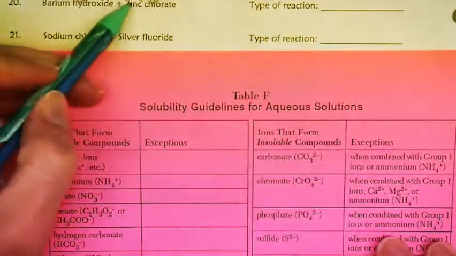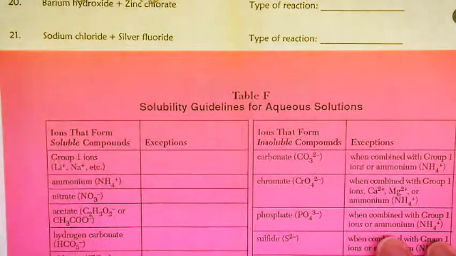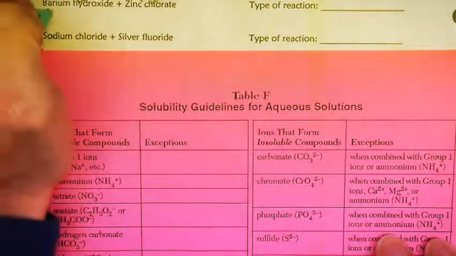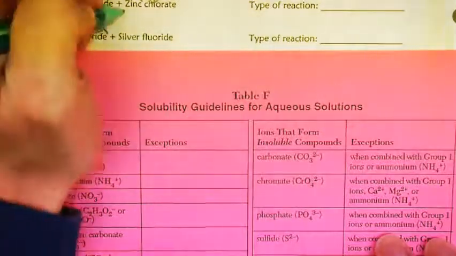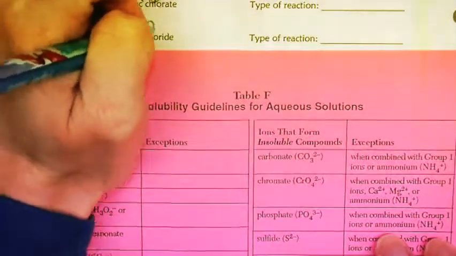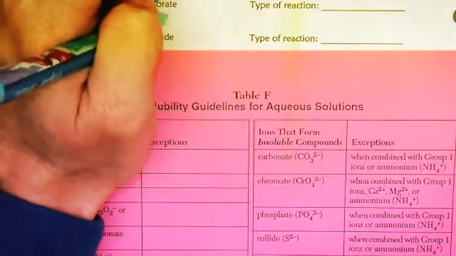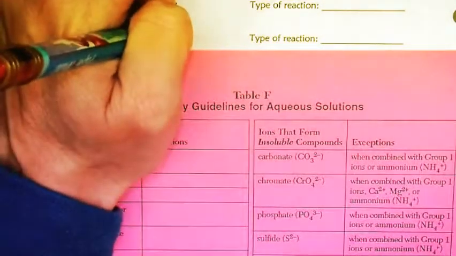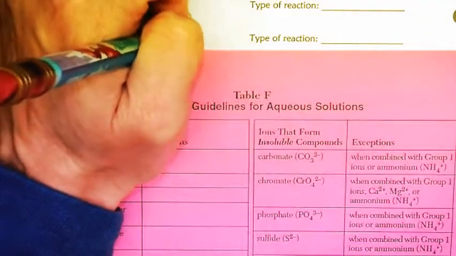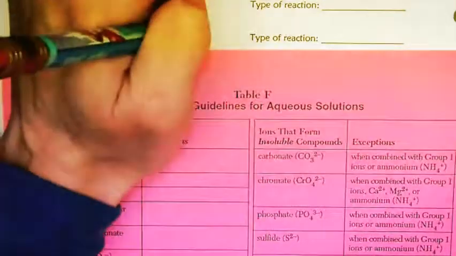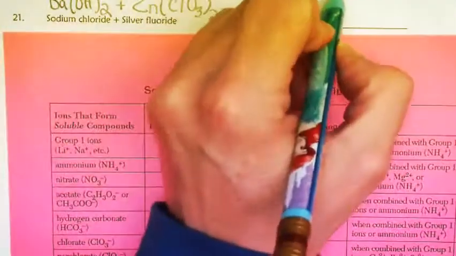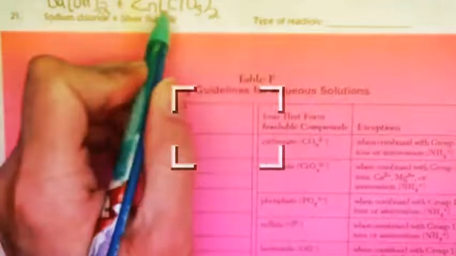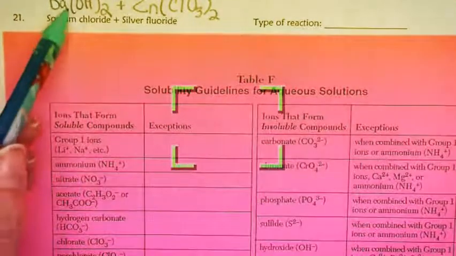We have barium hydroxide and zinc chlorate. So barium hydroxide is Ba(OH)2, and then zinc chlorate is Zn(ClO3)2, sorry. Then when we check these out, because this is also a double displacement, because we have 2 compounds again, we look at barium hydroxide.